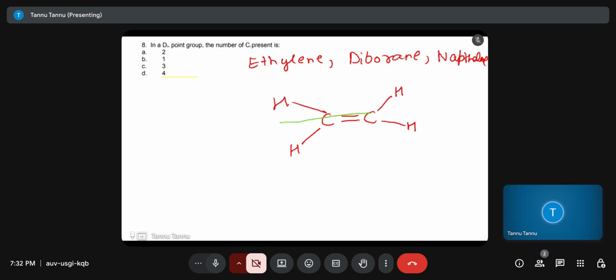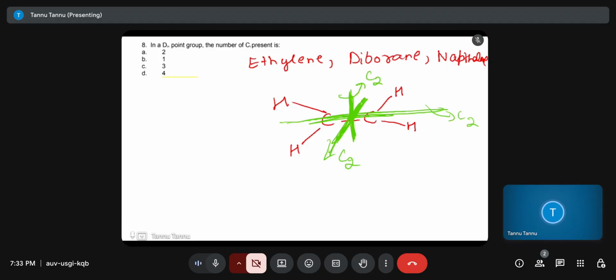So there is one passing through this C double bond C. Then there is another coming diagonally outside. And another is this.